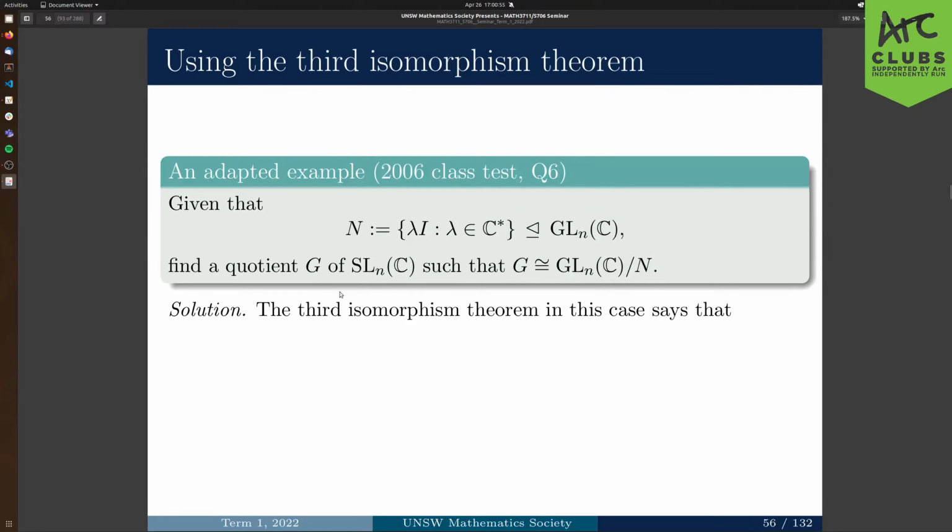So I want to find a quotient of the special linear group such that this quotient here is going to be isomorphic to the general linear group quotiented by this identity subgroup N.